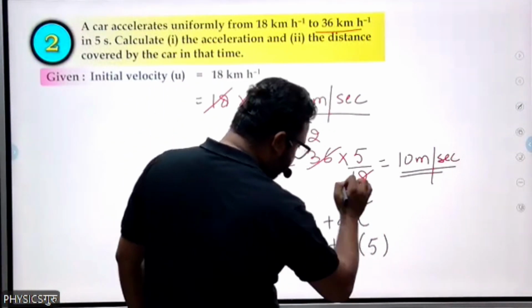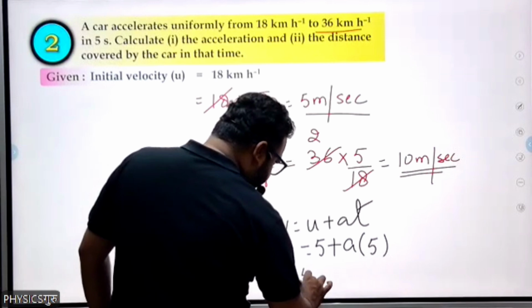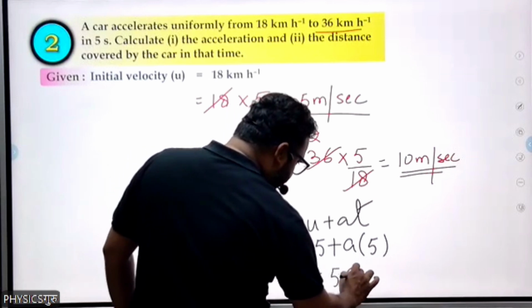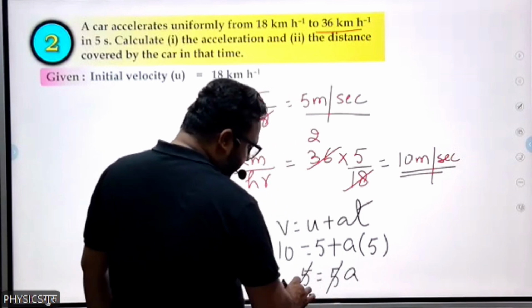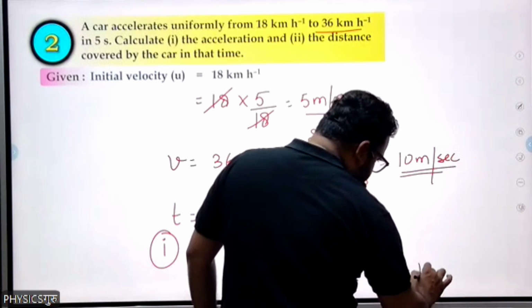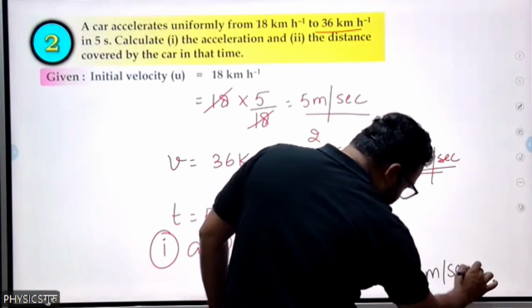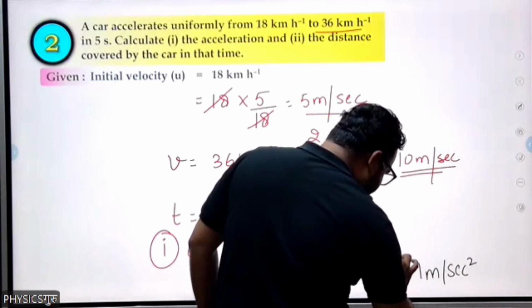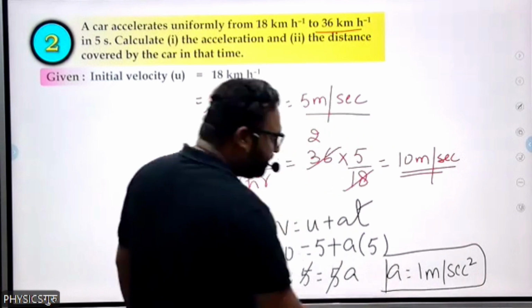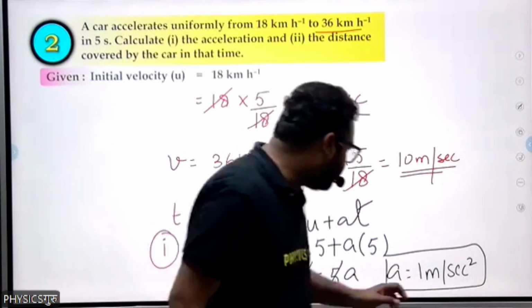So 10 minus 5 is 5, equal to 5a. So a is equal to 1 meter per second square. This is the value of acceleration.